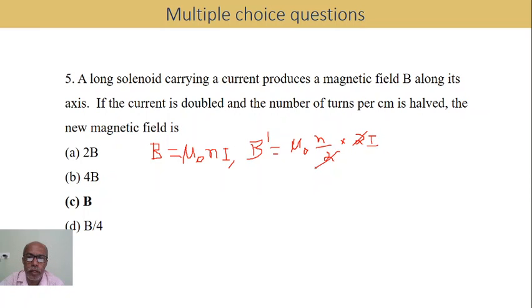Therefore, it will be equal to mu naught N I, and that will be equal to B. This is the answer.